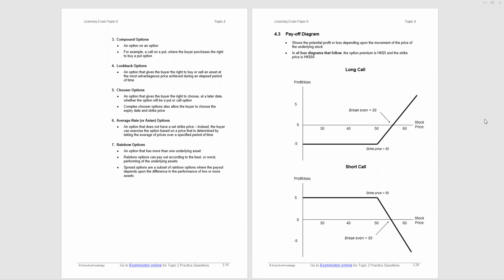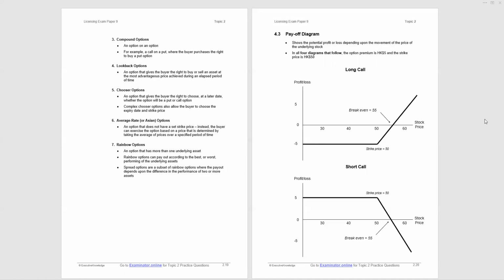What I would spend time on is understanding the 4 main payoff diagrams. These are diagrams showing the profit and or loss of a stock option position. We'll be looking at long call, short call, long put, and short put.